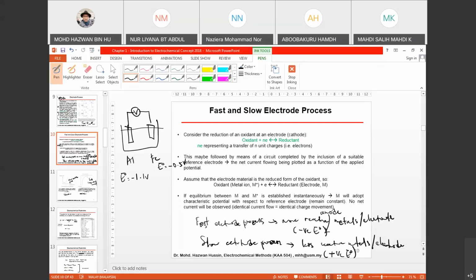So which one will become the fast electrode process? First you look at the metal that has the more negative standard potential value. Over here, this is more negative compared to this one, correct? So this will be the anode, and because it is more negative, it is more reactive.